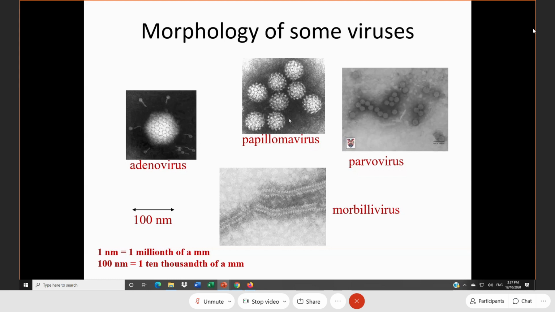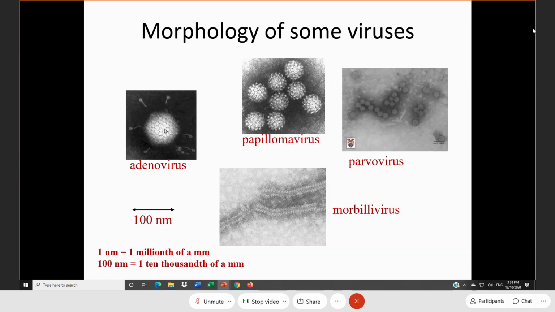So this is a papilloma virus. You can see the capsid. This is a parvovirus. Parvovirus causes diarrhea in animals. Okay. This is a morbillivirus, filament type. Okay. And this shows the size of the virus.